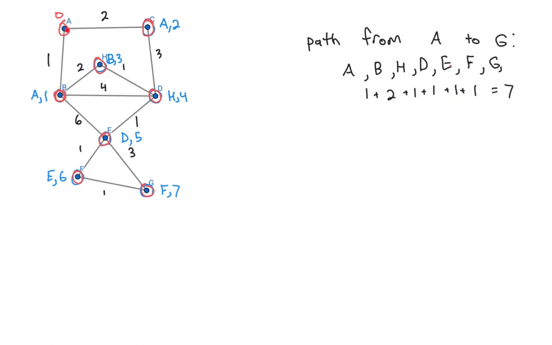And you can see the weights along the way are 1, 2, 1, 1, 1, 1, and that does add up to 7. And so this is the path, and the point is all other paths you could take in this graph from A to G are going to end up involving a higher weight or the same weight.